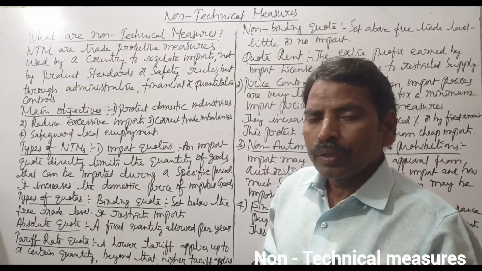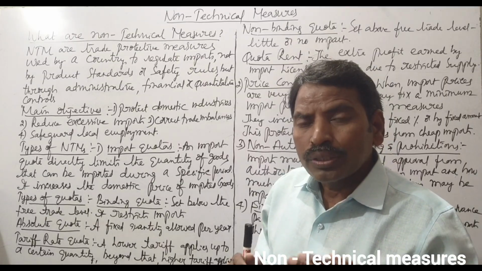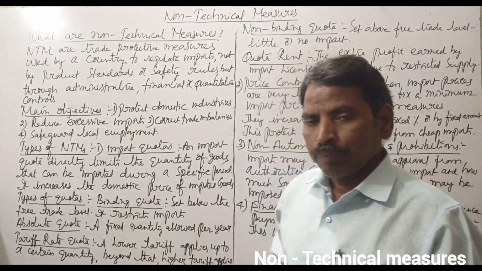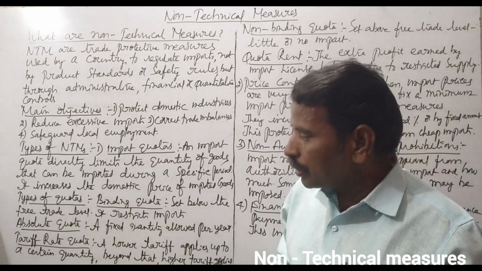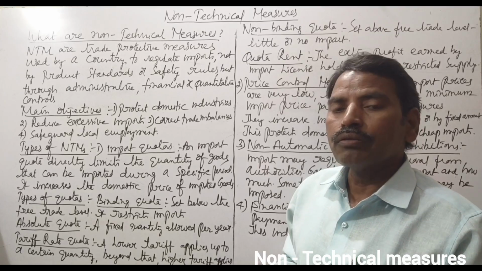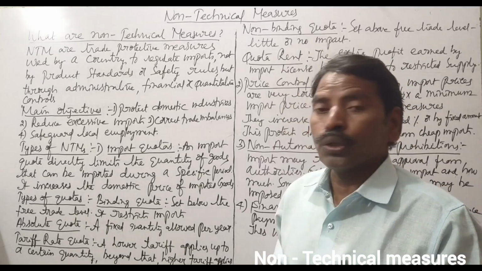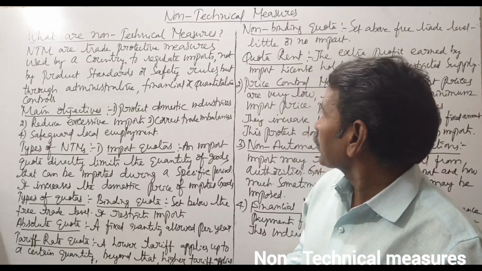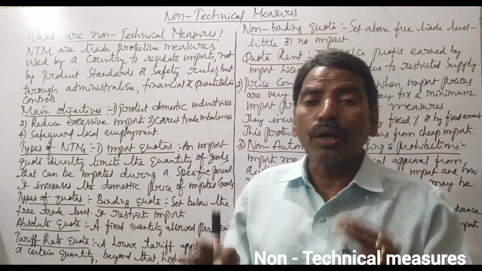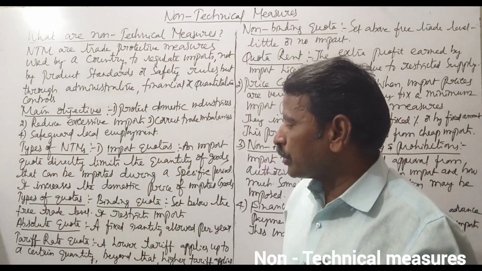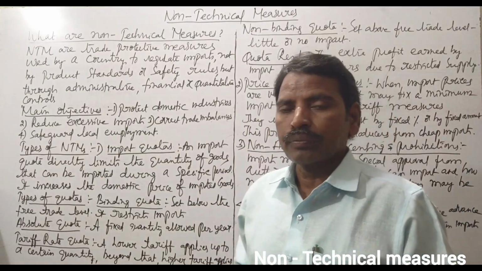So now, types of quotas. The types of quotas are: one is binding quota, second is absolute quota, third is tariff rate quota, fourth is non-binding quota. First one, binding quota.